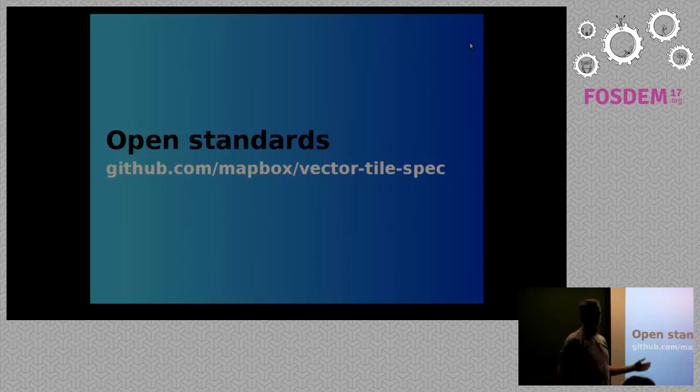The vector tiles we are rendering here are based on an open standard. We developed this standard, but we keep it open so other vendors can implement it. In fact, there are competitors, other open source projects, using our vector tile specification.